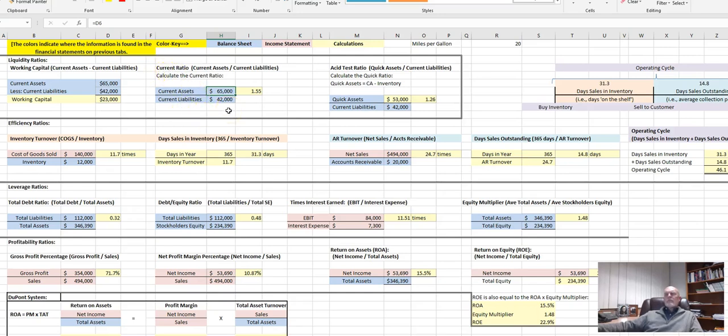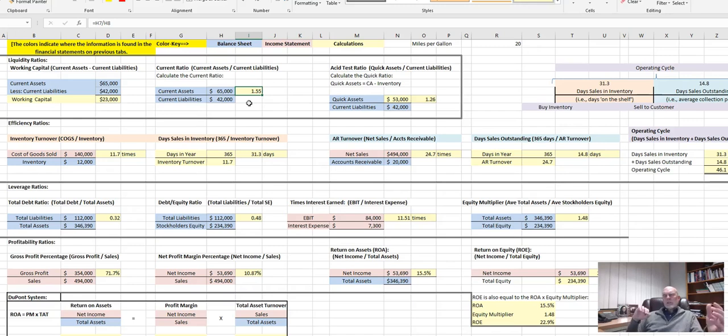And in this example, if we divide that out, it gives us a current ratio of 1.55. Of course, that's a reduced fraction from what we started with, so there's an understood 1 underneath that. So this means that for every dollar of current liabilities, we have $1.55 of current assets.